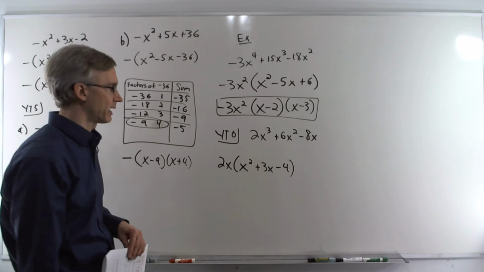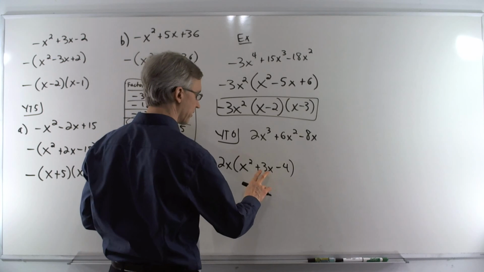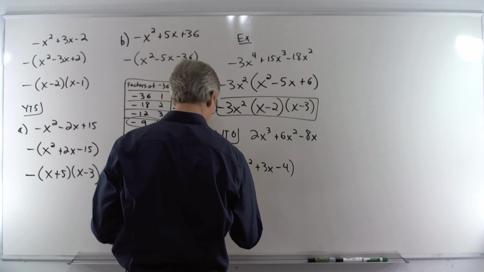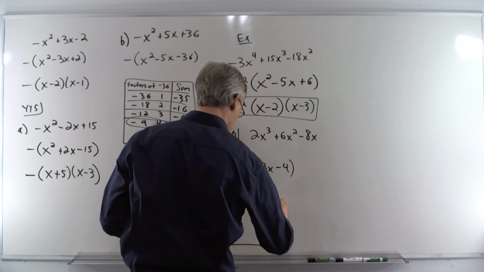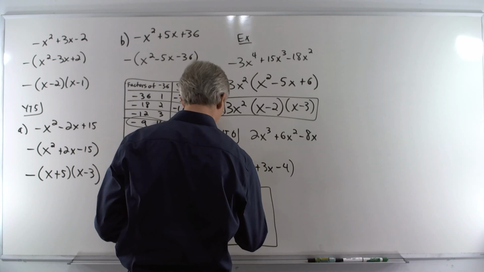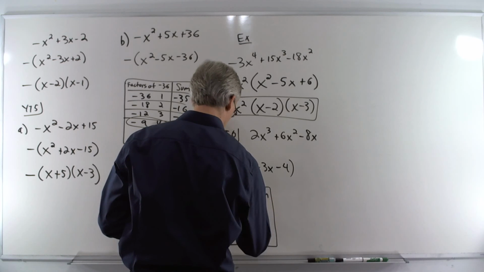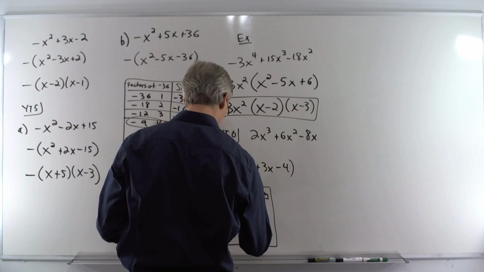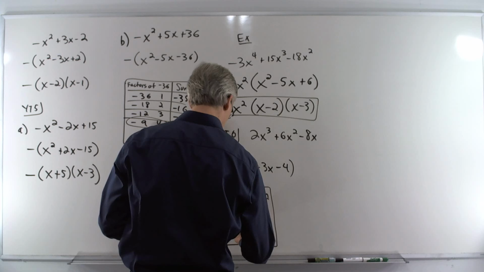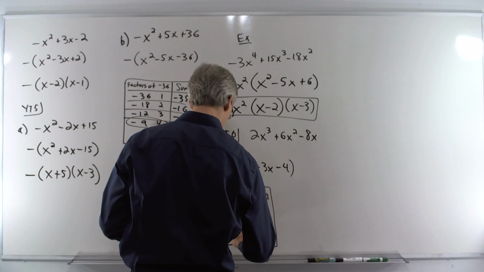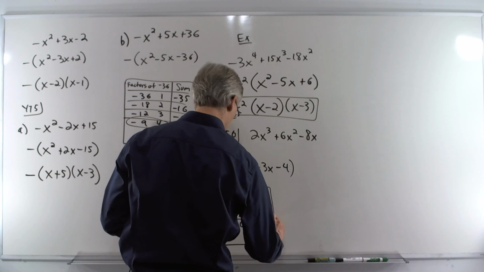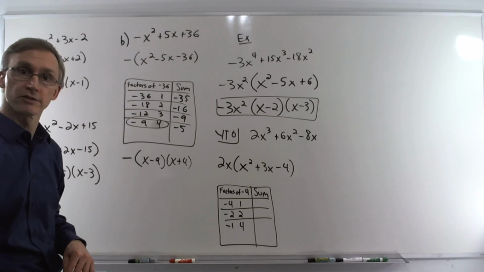Now we need two numbers to multiply to get negative 4 and add to get 3. There's all the factors of -4.